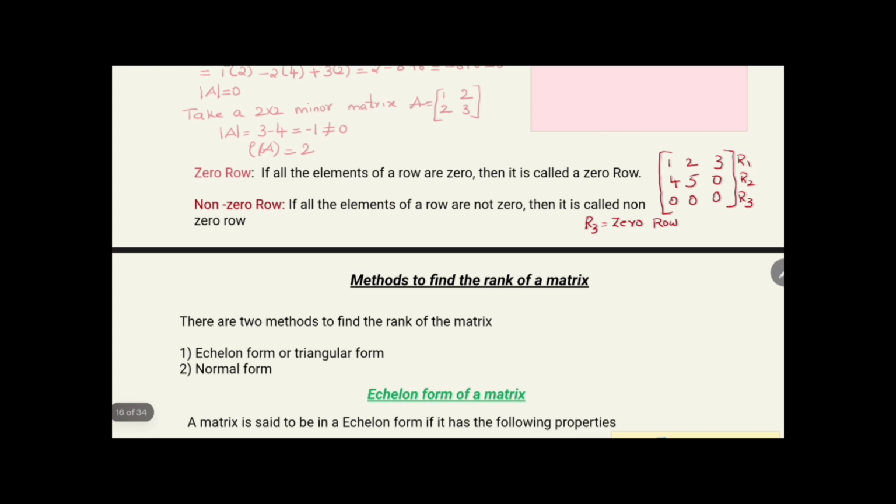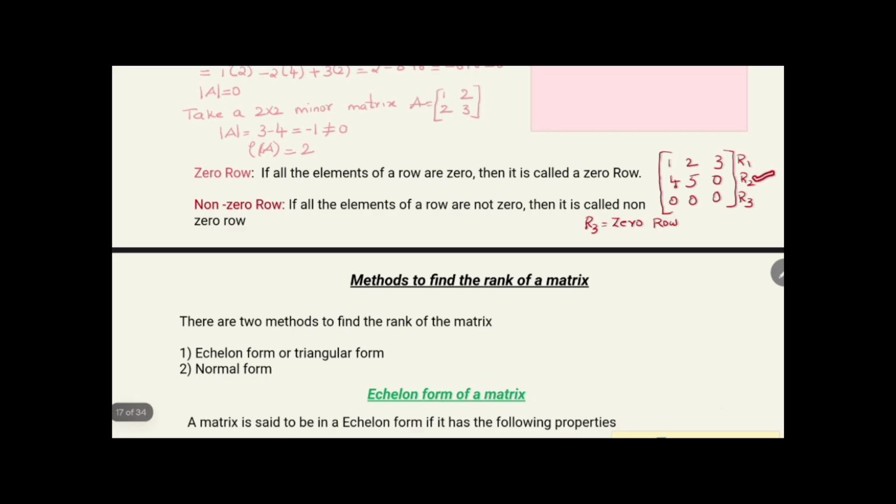Now, non-zero row. If all the elements of a row are not 0, then it is called a non-zero row. All the elements should not be 0. That is called a non-zero row. Here in R1 and R2, all the elements are not 0. Coming to R1, we have 1, 2, 3.